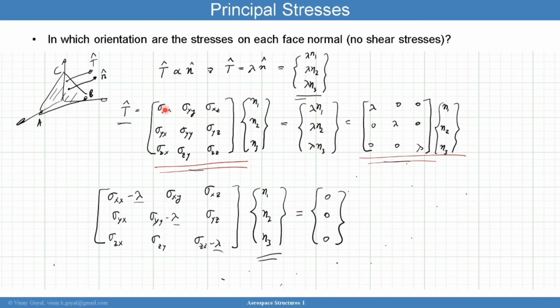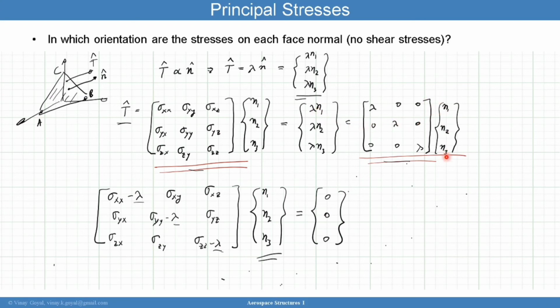And I know the stress state is given to us. I don't know the n. I don't know this vector n or lambda that produces an oblique surface or plane that slices through the cube such that no shear stresses exist on that surface, only normal stress. And so I can put this vector into this format, which is lambda, lambda, lambda in the diagonals, times this vector n1, n2, and n3. So this row and this column obviously gives you this number.